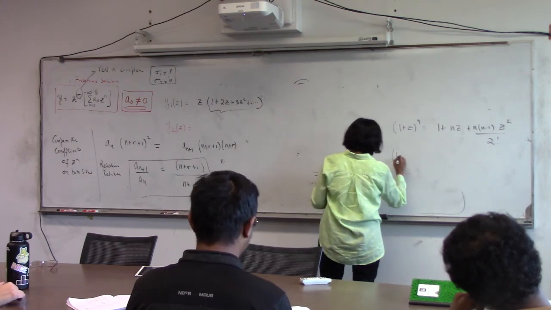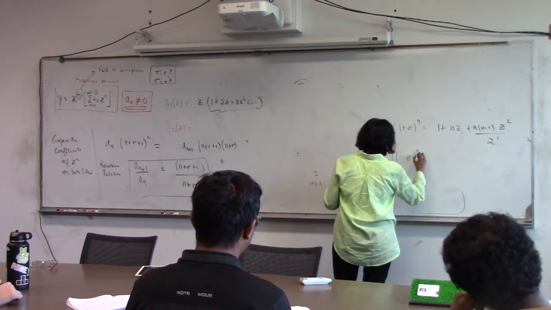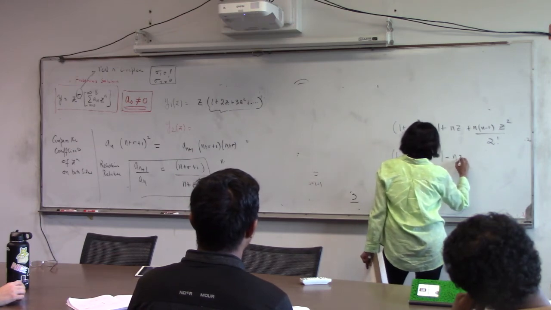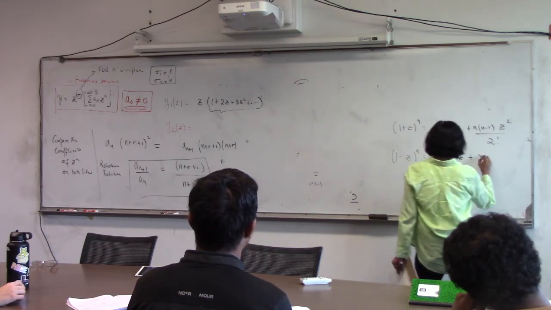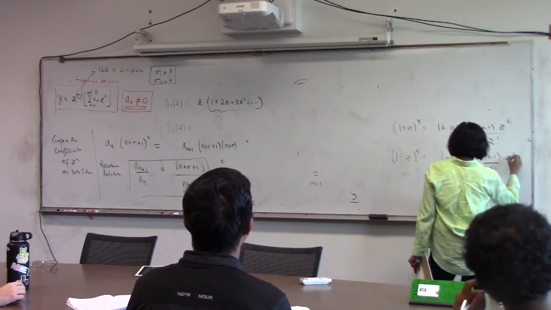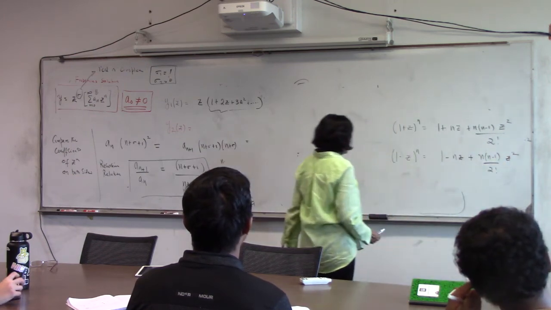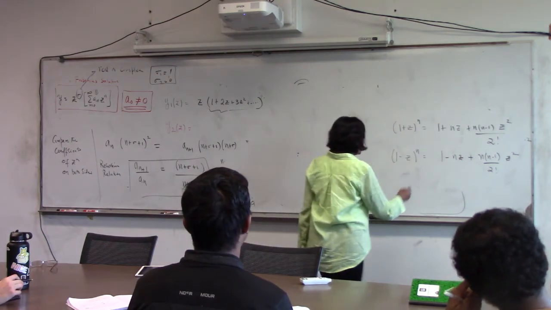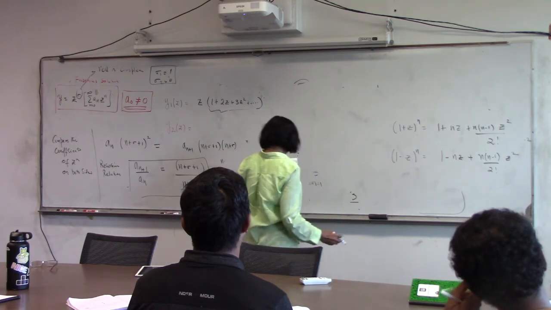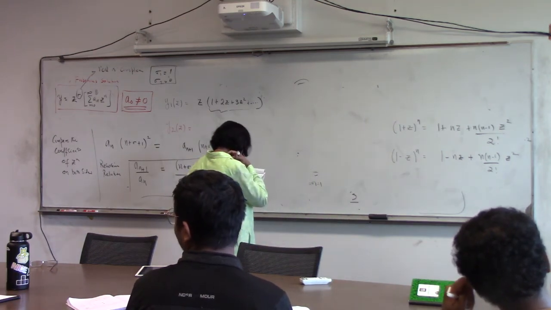So if I put 1 minus z to the power n, I get 1 minus nz. No problem. But still I have a problem, right? Let's just see what else we can do.